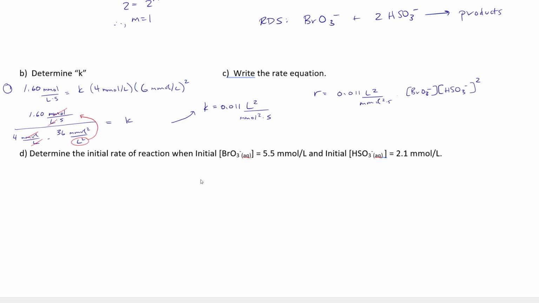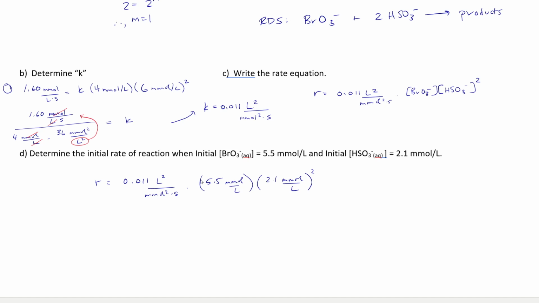Well, you just insert those values into the equation. So R is equal to 0.011 liters squared over millimoles squared seconds times 5.5 millimoles per liter and then 2.1 millimoles per liter squared.